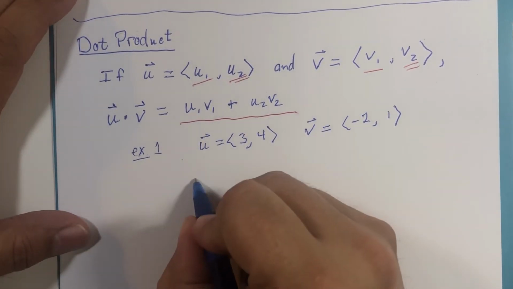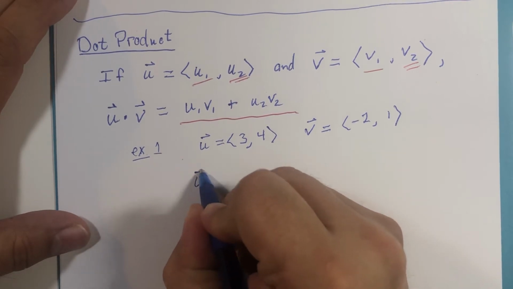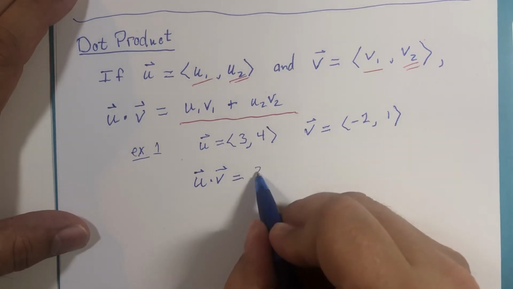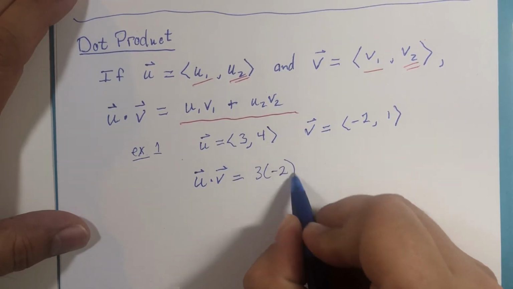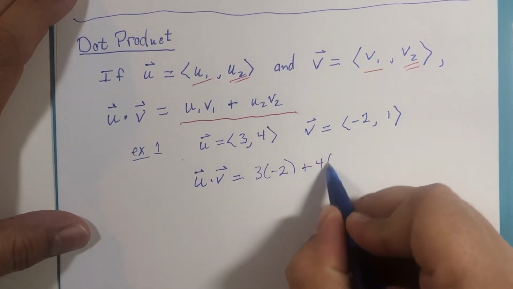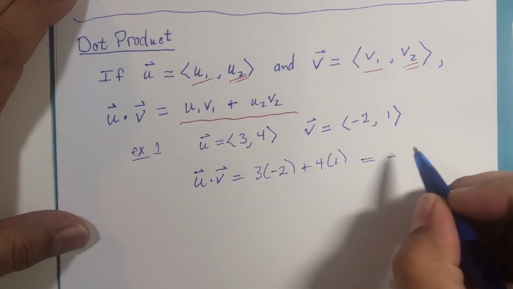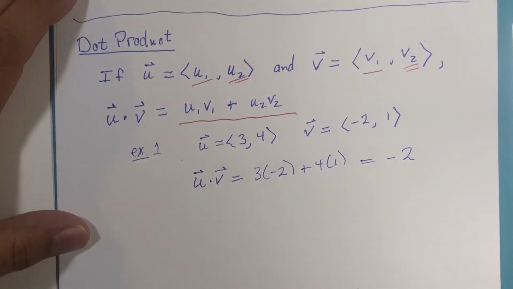When we calculate the dot product, 3 multiplied by negative 2 plus 4 multiplied by 1, negative 6 and 4 is, that's right, negative 2.